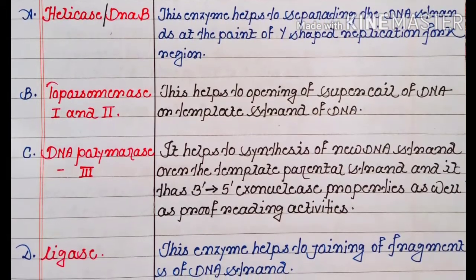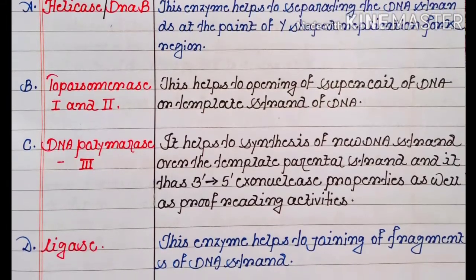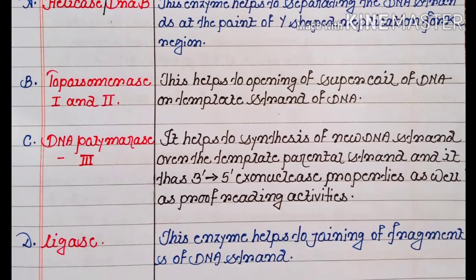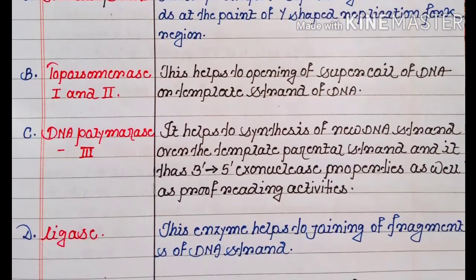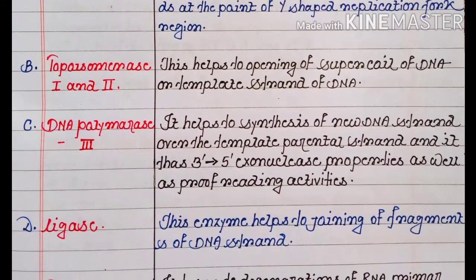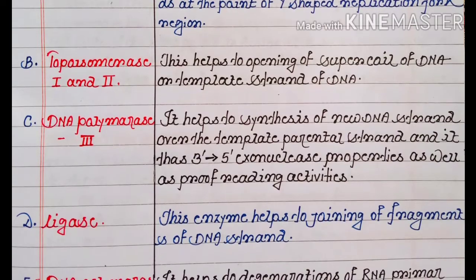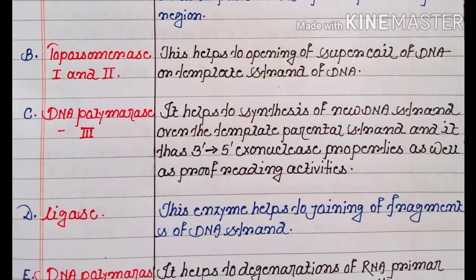Next, DNA polymerase 3. This helps in the synthesis of a new DNA strand over the template parental strand, and it has 3' to 5' exonuclease properties as well as proofreading activities.